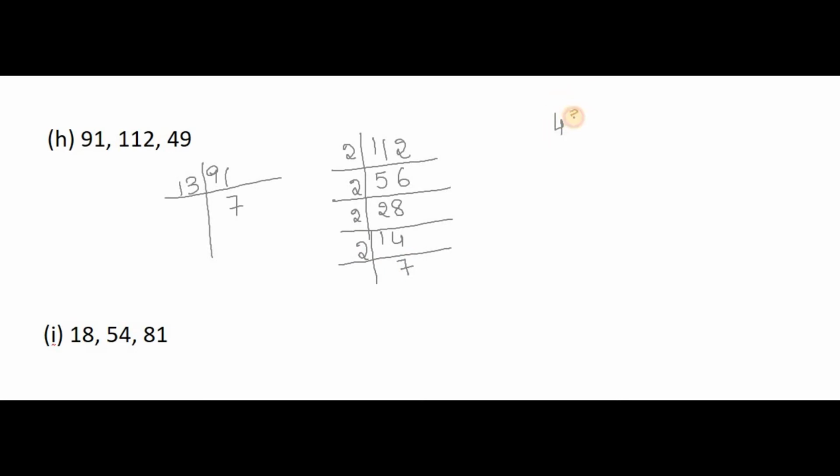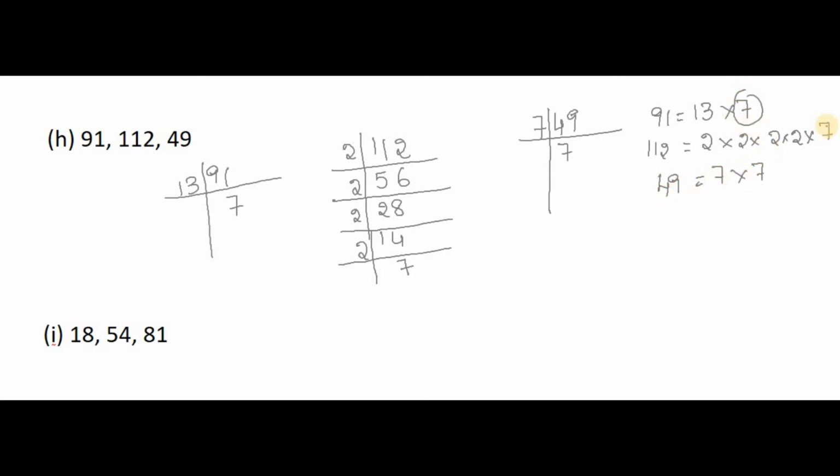And now coming to this, 7 7s are 49. Students, I am writing here because the place is not sufficient for me to write the common factors. 91 is 13 into 7, and 112 is 2 into 2 into 2 into 2 into 7, and 49 is 7 into 7. So students, what is the number common here? 7.